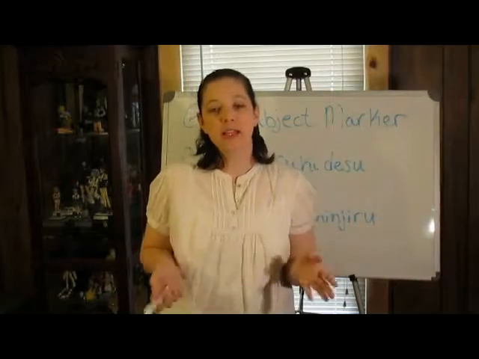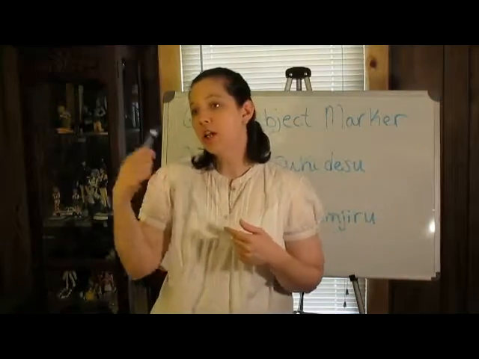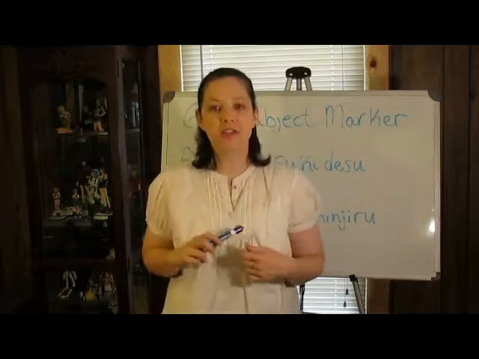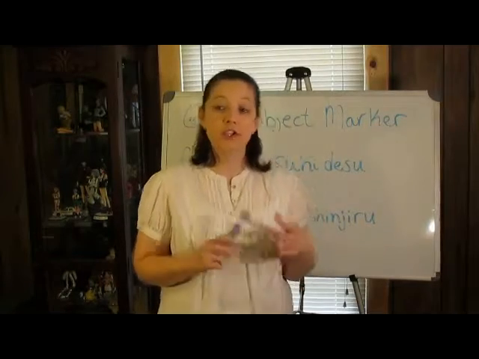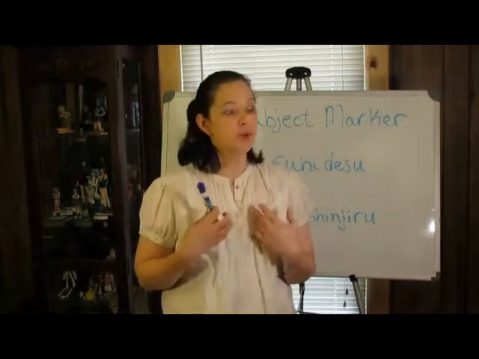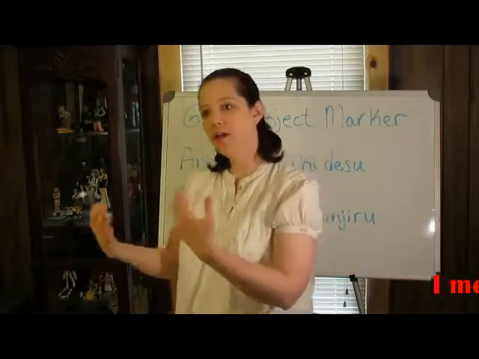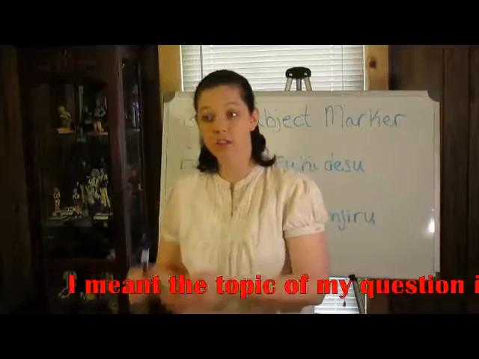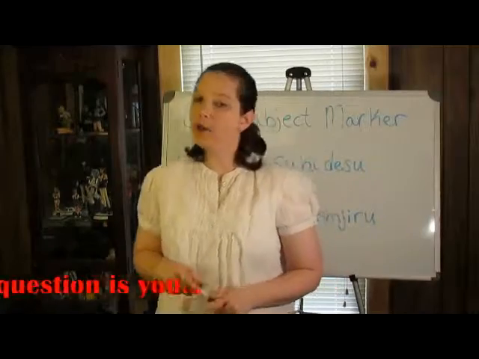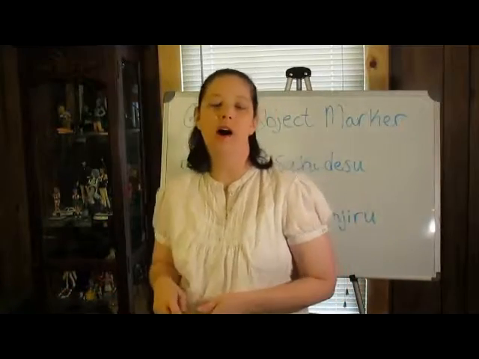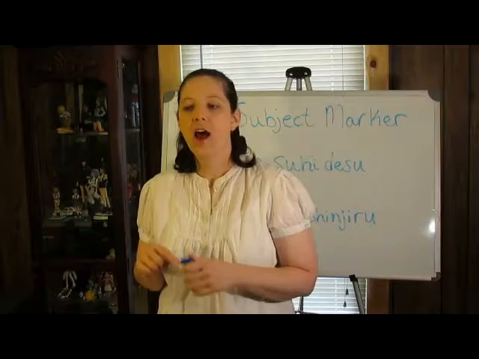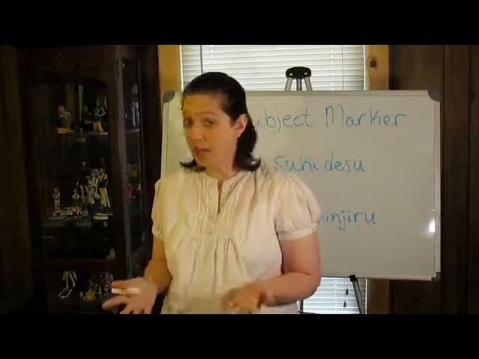So in Japanese, if I am talking to you, I can just say, like carrots? And you know that I'm talking to you. You understand that the subject of my question is you. So I don't have to say anata wa in front of it. I just need to say, like carrots?